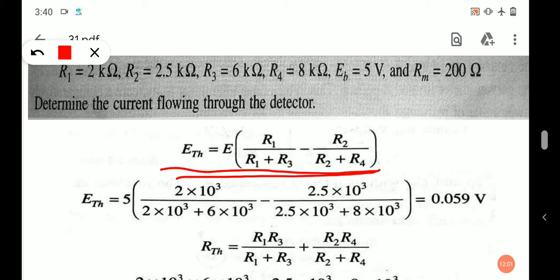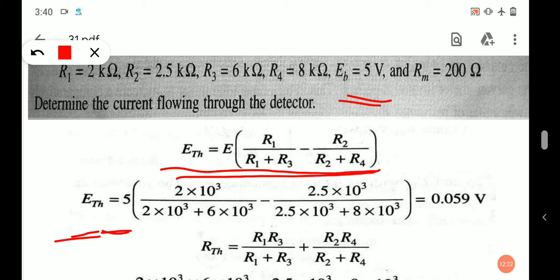So if we substitute the values, ETH is not known, E, that is EB, is given as 5 volt, then in bracket R1 upon R1 plus R3.